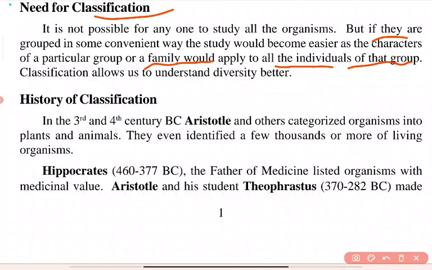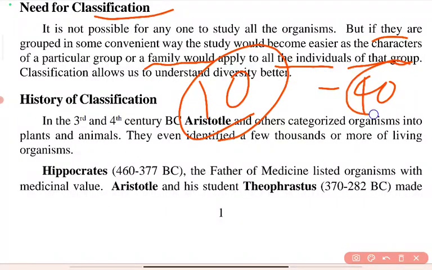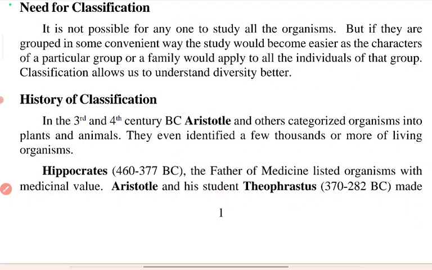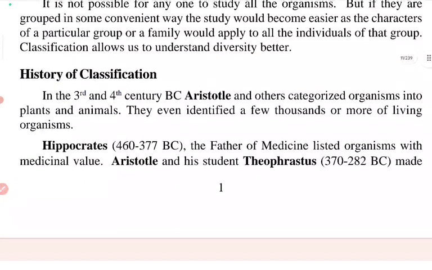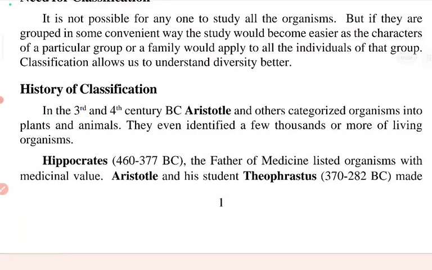As we all know, there are a lot of organisms or species, as I already told you in the initial video: 10 to 40 million organisms are there, but only about 1.7 million are identified. It is not easy to remember or learn all this, so we need to classify them. And how to classify?